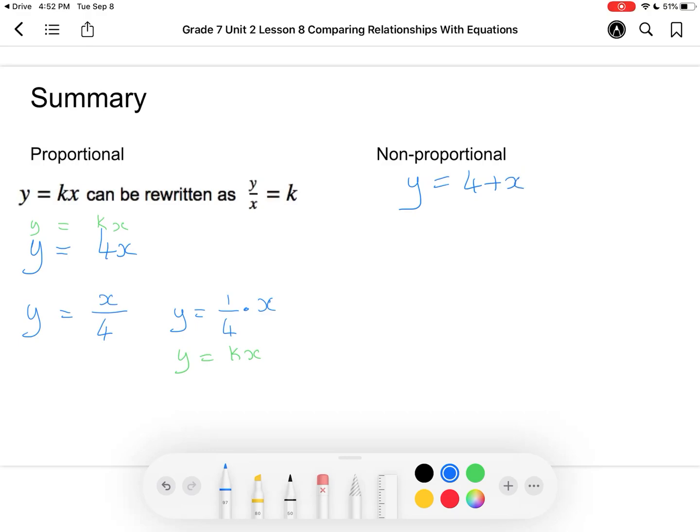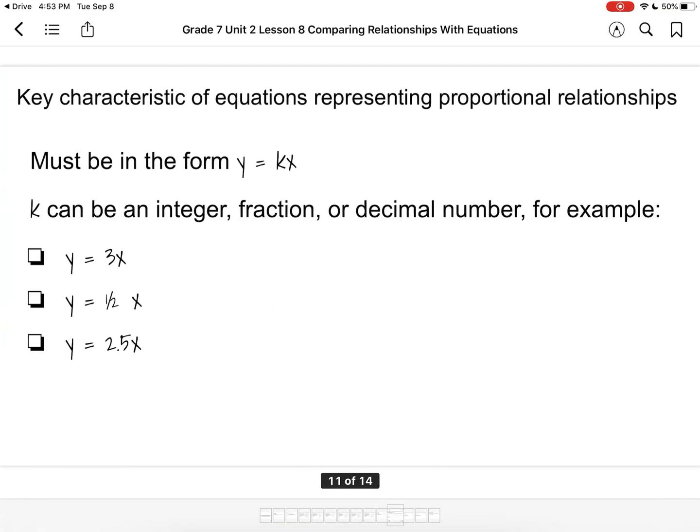All of the others were not proportional. y equals 4 plus x, y equals 4 divided by x, y equals 4 to the power of x, and y equals x to the power of 4. All of those are not proportional. They are not in the form y equals kx. That's really key.